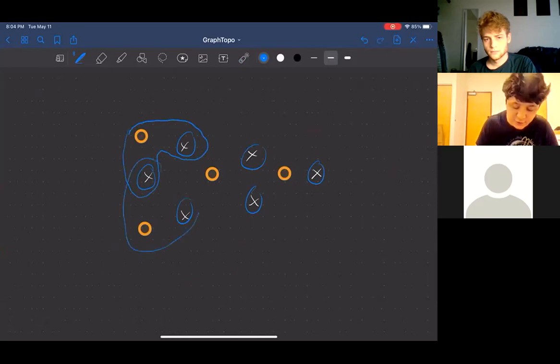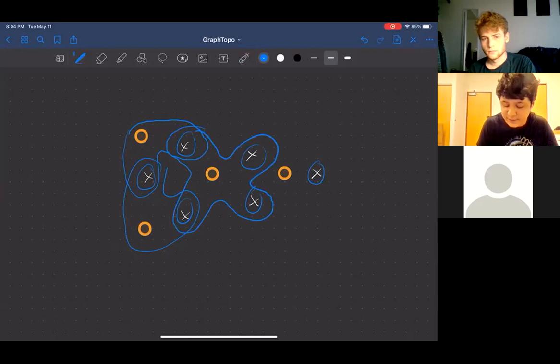So the open sets we have are this. For this next vertex, we will have this open set, and for this vertex, we will have this other open set. You see we have those octopus shapes, and this is why the author calls it that.